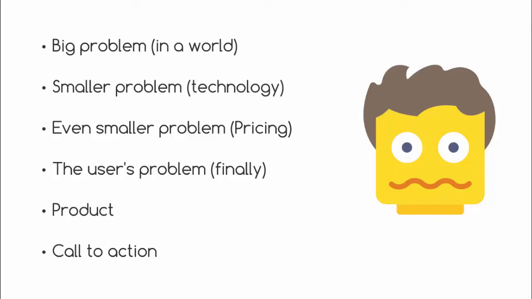The script is basically just talking about problems, and finally you move on to the problems faced by the end user, the same end user that your product is trying to target. And then finally you reach the product, wherein you introduce and describe your product and how you actually offer a solution to all problems that you have mentioned, and then finally it all ends up with a call to action.